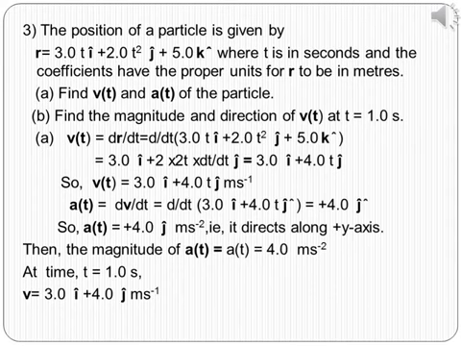Then what should be the acceleration vector, which is the rate of change of velocity vector, equal to dv by dt, which is d by dt of (3 i cap plus 4t j cap), equal to plus 4 j cap. So the acceleration vector a is equal to plus 4 j cap meter per second square.